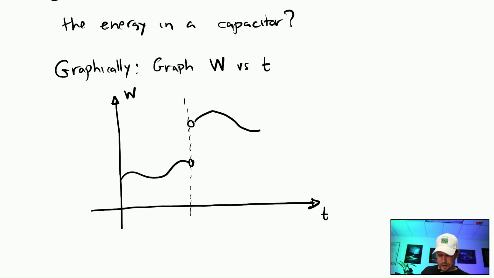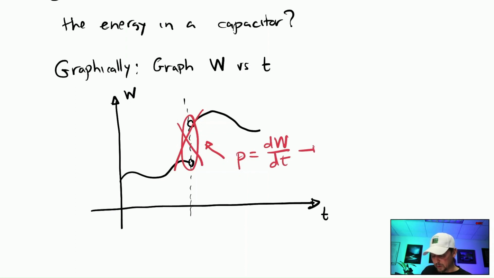Well, notice that this is not possible. The reason is that for this to happen, the time rate of change of this energy would have to be discontinuous. It would have to be infinite. So this discontinuity would mean that the power, which is this time derivative, would not exist.